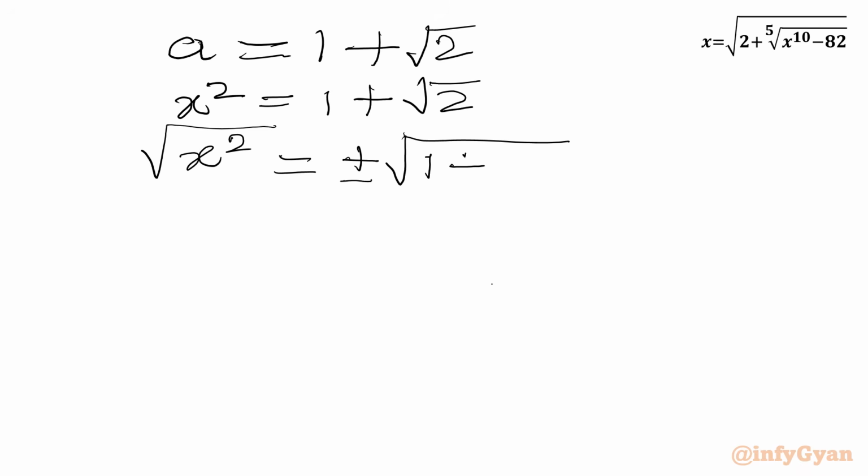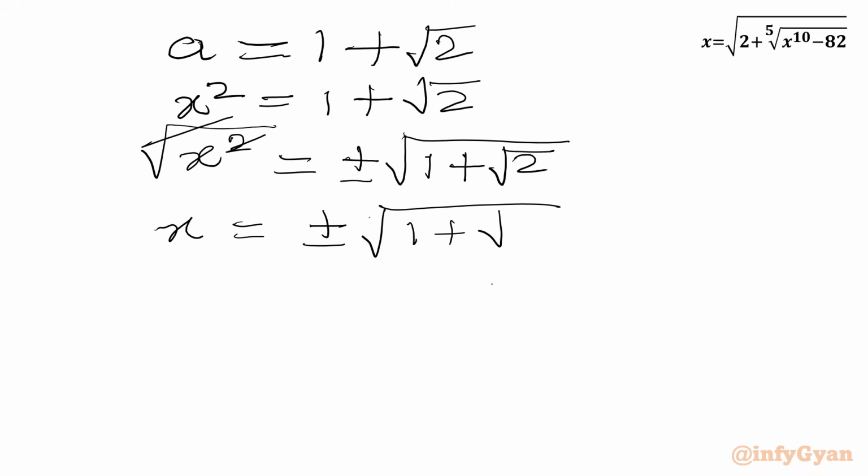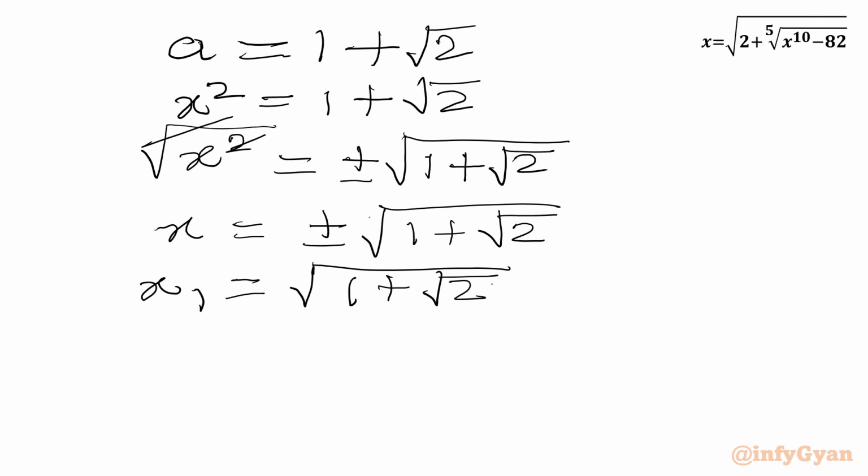Now we will cancel the square root with the square. So we have x equal to plus minus square root of 1 plus square root of 2. I will write x1 with the plus sign, square root of 1 plus square root 2, and x2 with the minus sign, square root of 1 plus square root 2.